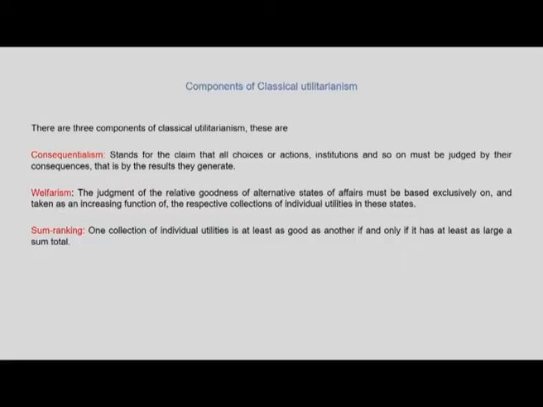So, what is this component saying? This component is saying that all actions or choices made by individuals must finally be valued in terms of the consequences of their actions. Let us take an example. In the last class, I had taken the example of reservation as a policy.